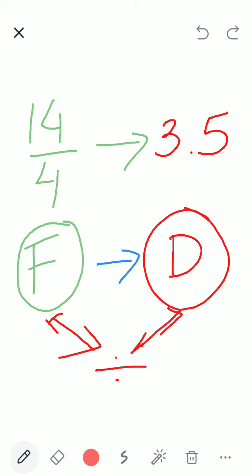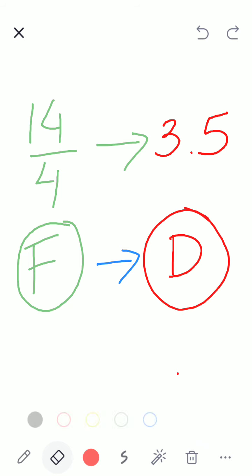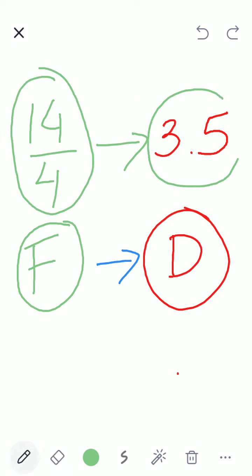The moment I am dividing, I am getting more pieces, but each piece is smaller. Correct? So this is the basics of maths. So when you're dividing, Archana, coming back to your doubt, I can put a division in fraction form, or I can put the answer in decimal form. Clear?